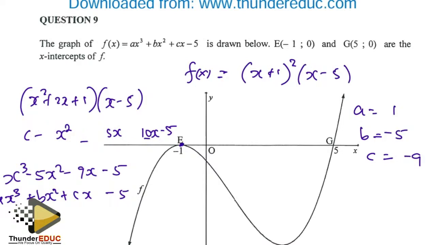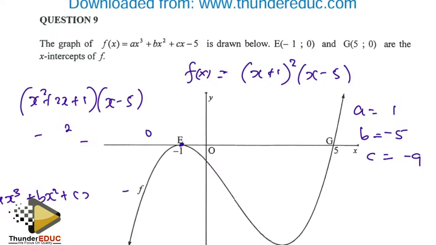I'll erase this, erase that, and reopen this bracket again. So we're saying x, and that is x cubed, this and this, plus 2x squared. This and this is plus x.